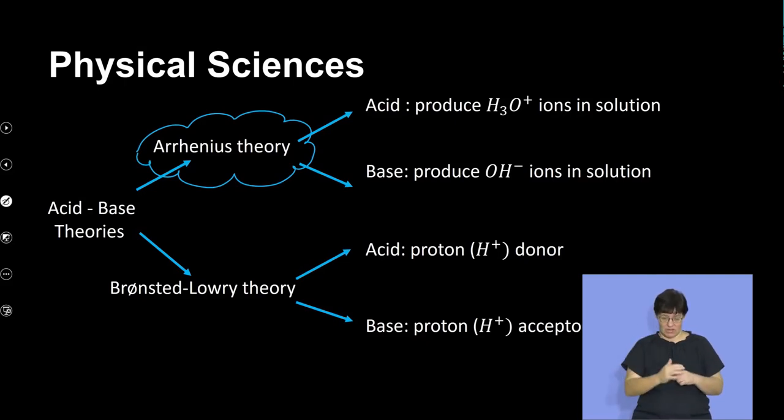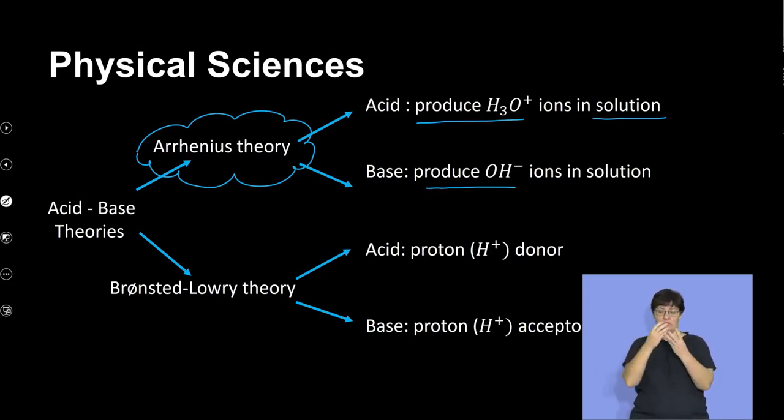One of them is the Arrhenius Theory, which says that because these reactions of acids and bases are in aqueous solutions, an acid is by definition a substance that produces hydronium ions in solution, while a base is a substance that produces the hydroxide ion also in solution.